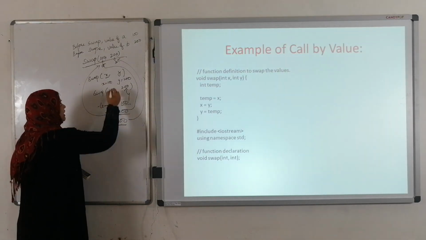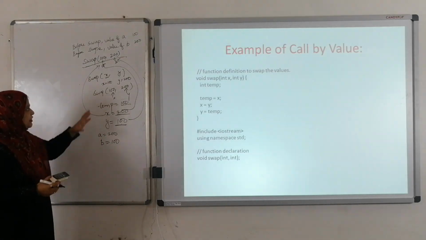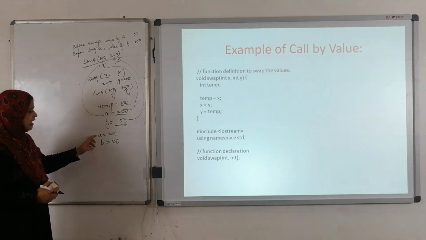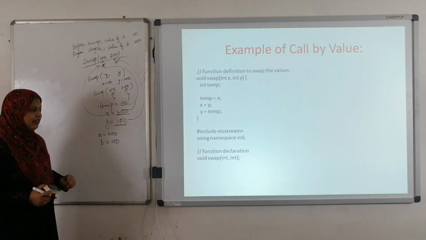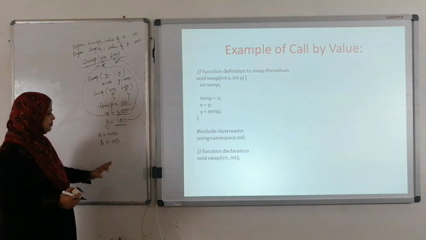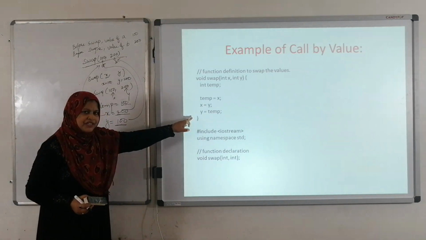What is the value of y here? 100. After performing this operation, the value of x is 200 and the value of y is 100. Now the execution of the called function is completed.